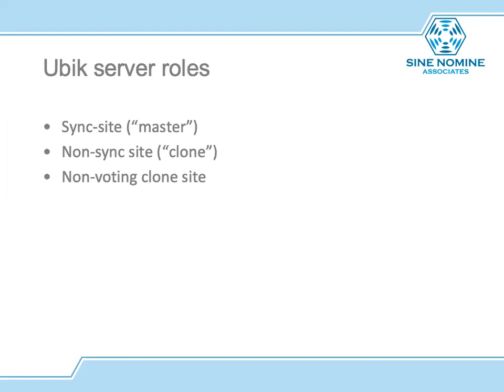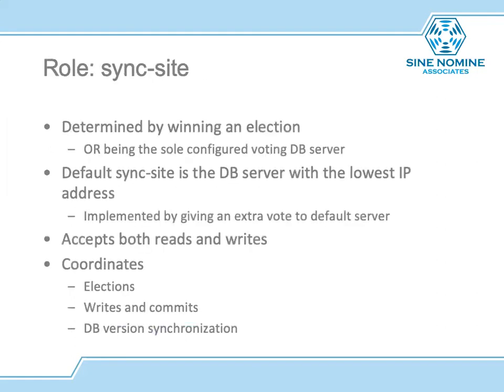All right. So let's talk about what the sync site does. You become the sync site by being elected by your peers. One of the things that Ubik is designed to do is to run elections. If you are already the sync site, then you run periodic elections every 15 seconds or so. And if you want to be the sync site for any reason, you also will start an election.